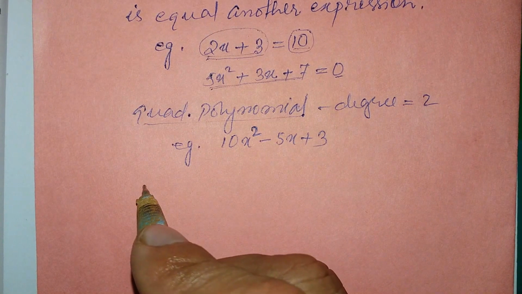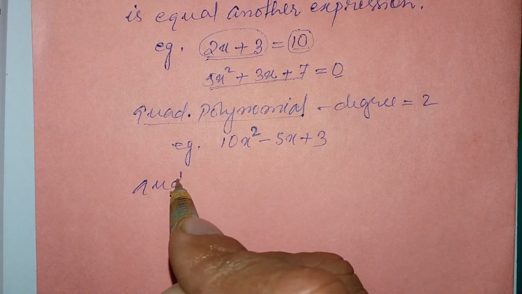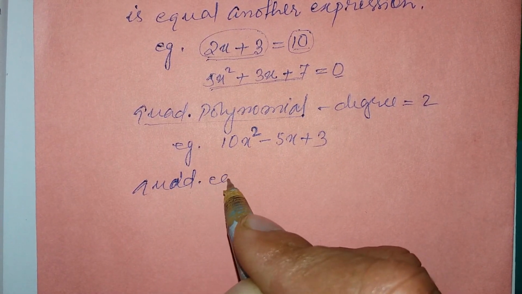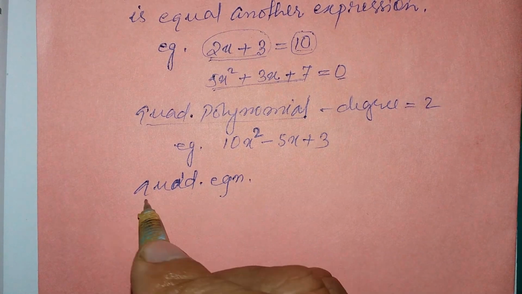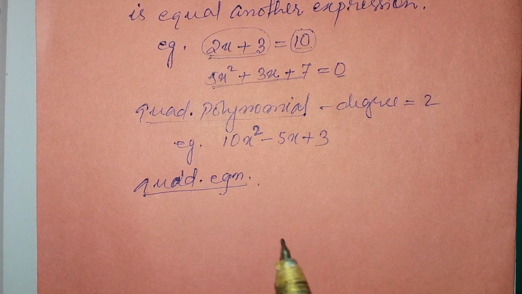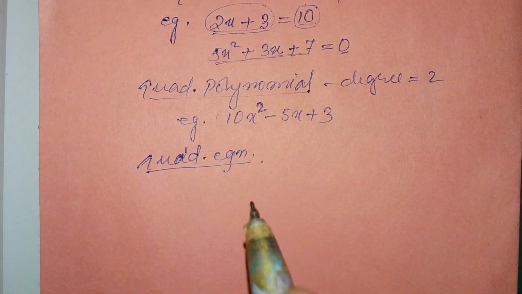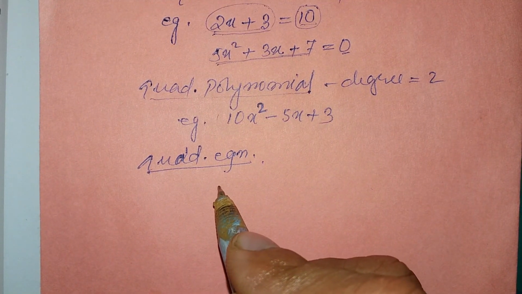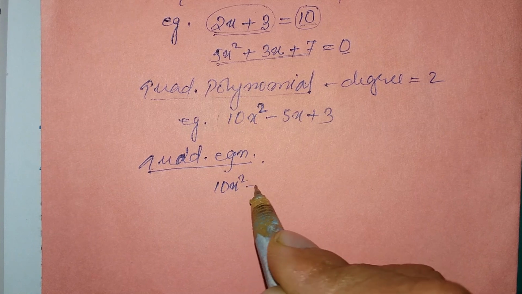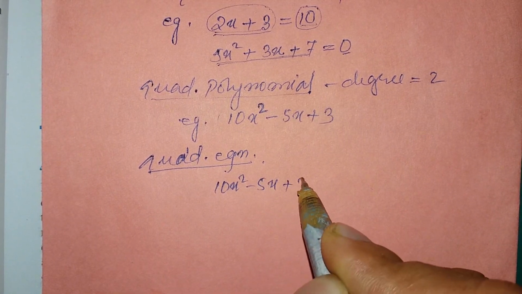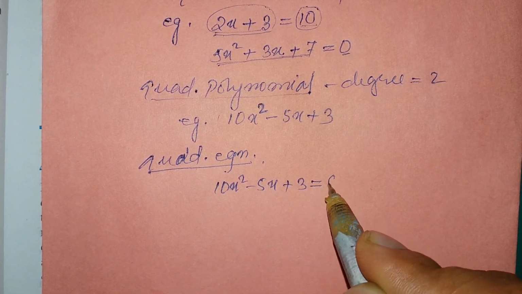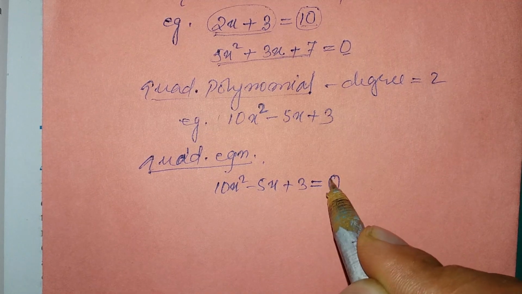Then what is quadratic equation? Now if we equate this quadratic polynomial to 0, then what we get is quadratic equation. Let's say now 10x squared minus 5x plus 3 equal to 0. Now we are equating it to 0 here.